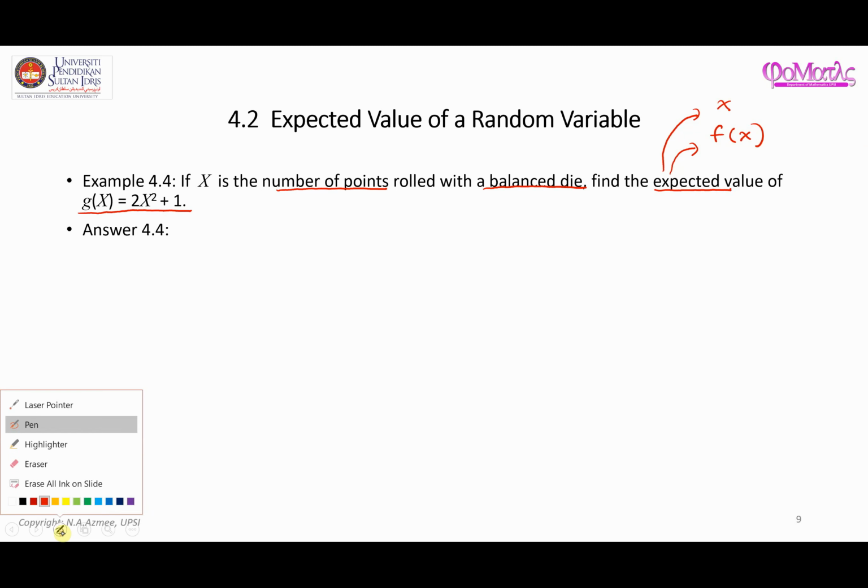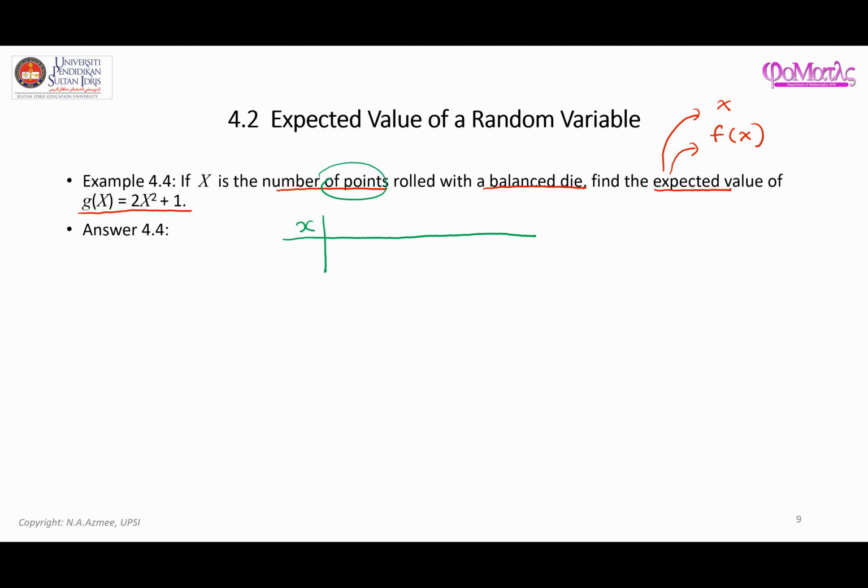From this simple example, for the number of points you can get with a balanced die, X can take the values 1, 2, 3, 4, 5, 6. And the value of f(x) in the case of a balanced die is going to be 1/6 for each outcome. So we are done with finding x and f(x). That is the basic process that we have to do.